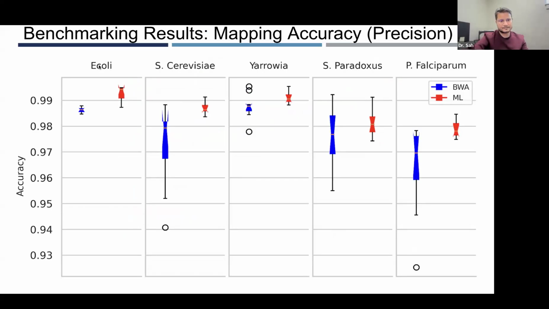Here I would like to present 5 species, including E. coli and S. cerevisiae. These species constitute different categories and families: bacteria, yeast, another yeast, some fungi, and a parasite. And these families have different challenges in their DNA.